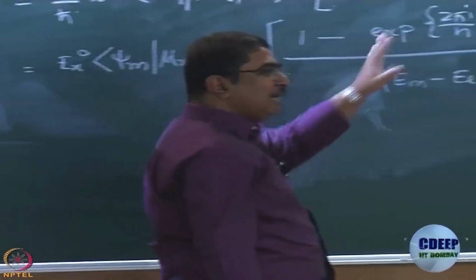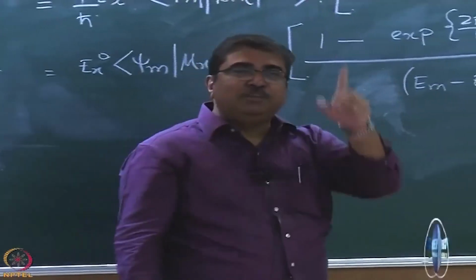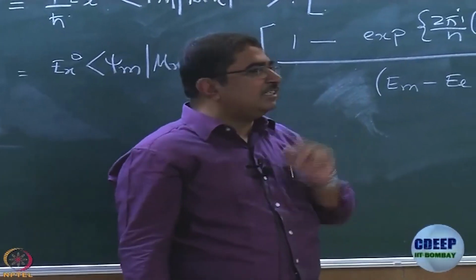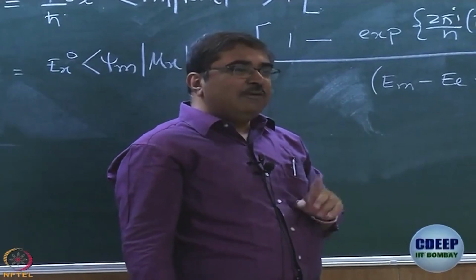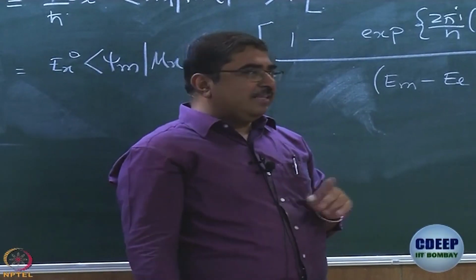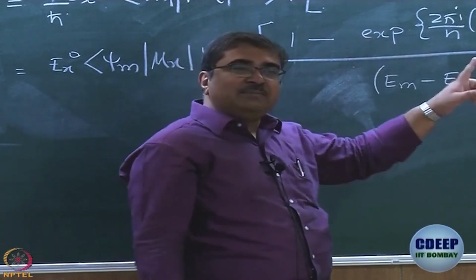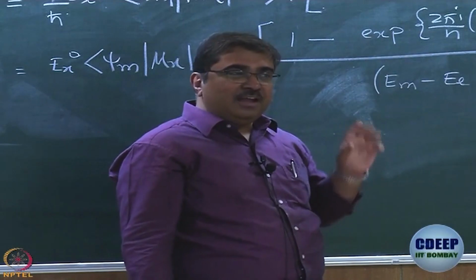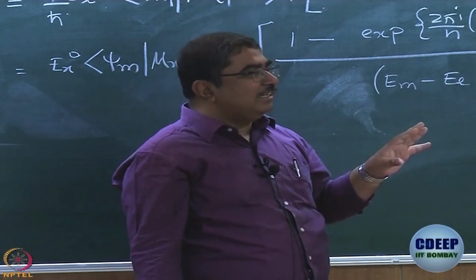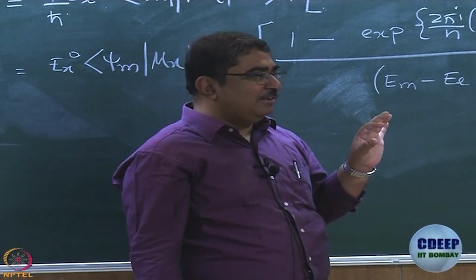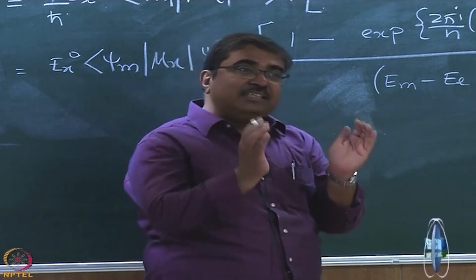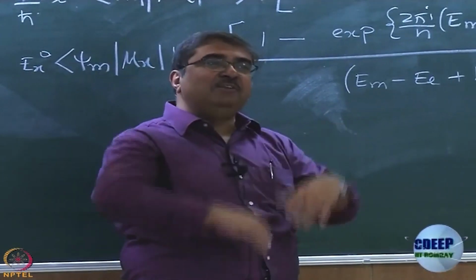Because of that, the fall off of both the exponential terms is rather sharp. We can safely say that both the terms are actually equal to 0 unless the denominator is equal to 0. If the denominator is equal to 0, then what will happen? The term will blow up, right?